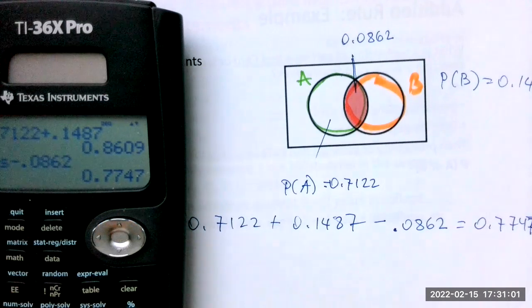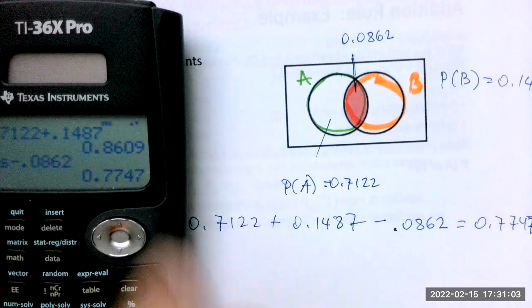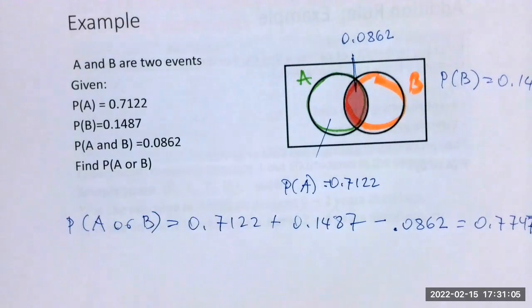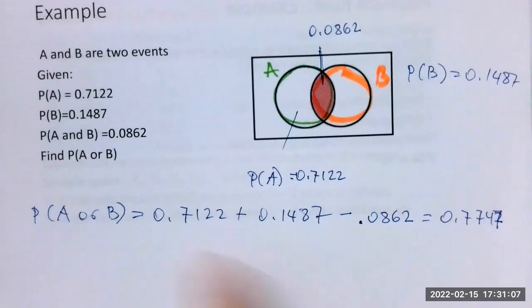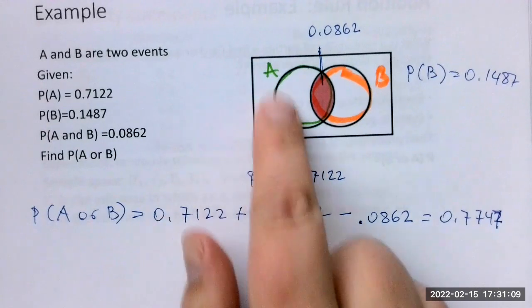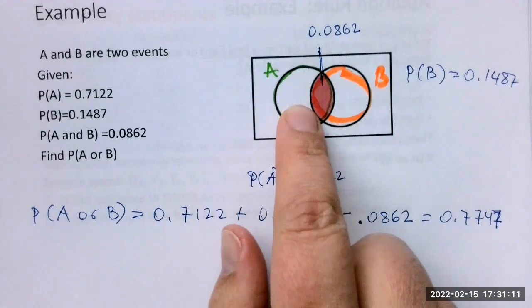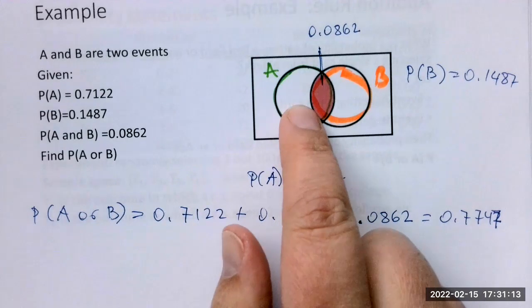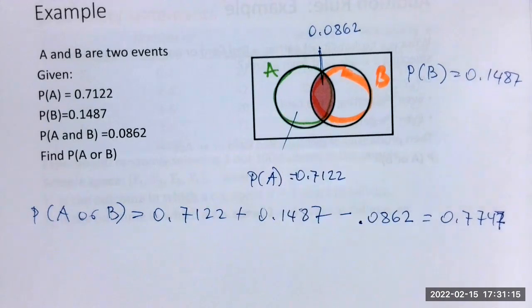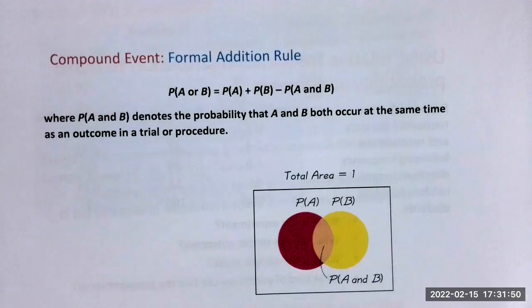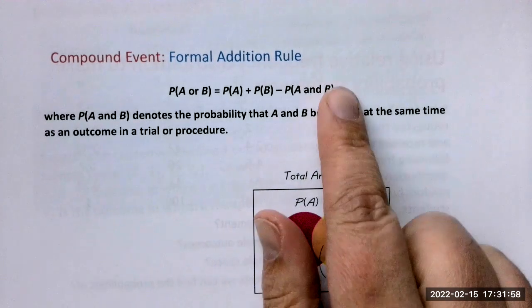All right. You probably noticed that I use the probability and the area interchangeably. And in the future, that's what we're going to do. The area represents a probability. So the previous example actually led us to this formal addition rule.